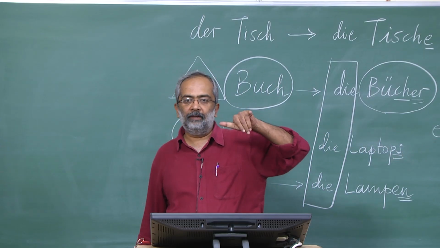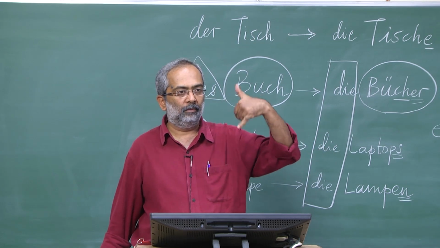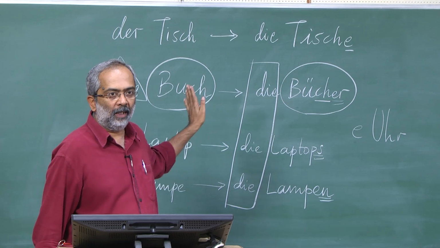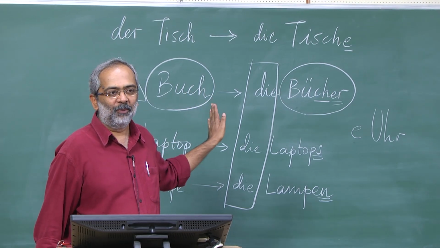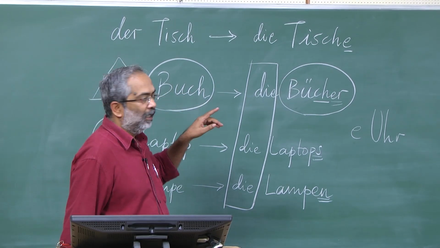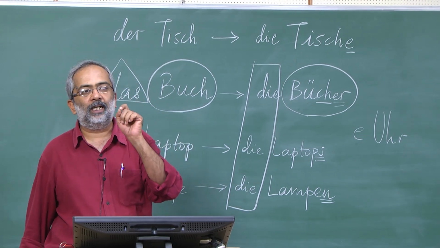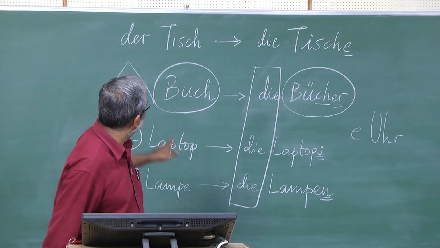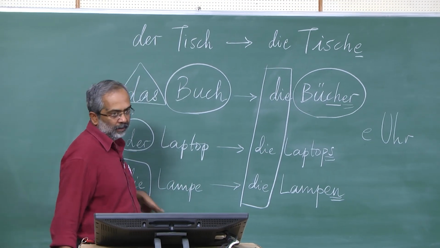Henceforth, whenever I write a new noun for everybody, either on the smart board or on the smarter board, I will indicate the gender with either R, S or E. Here I am writing it fully, der, das, die and so on.